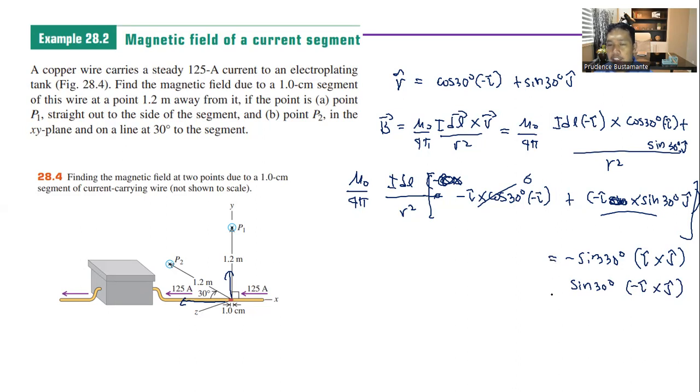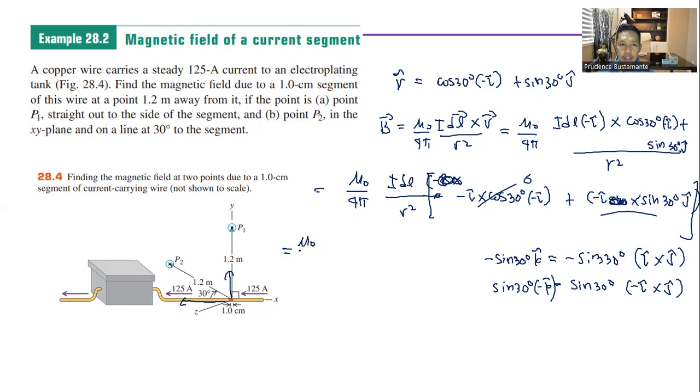So here the answer is sine 30 degrees and negative k hat. So this is basically the same thing. You can use the right hand rule for this one, and you will eventually arrive at the same thing.